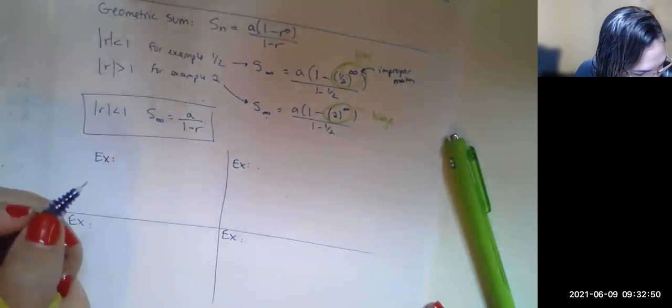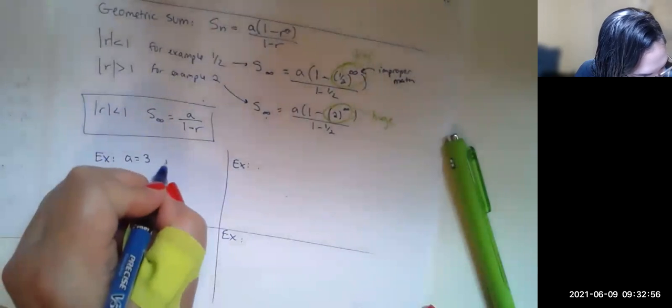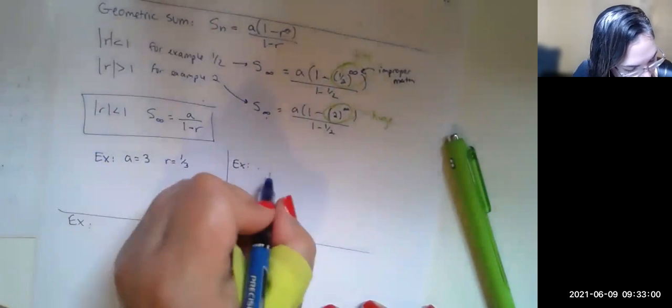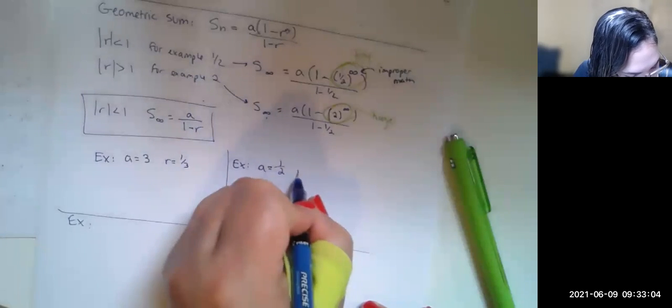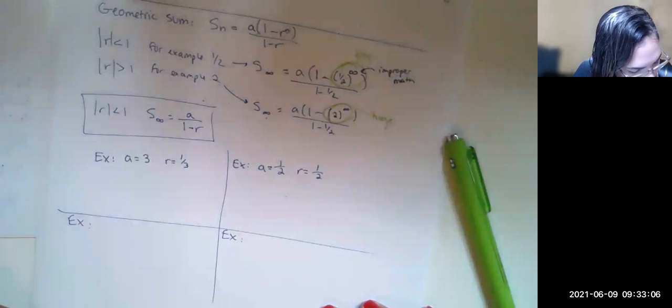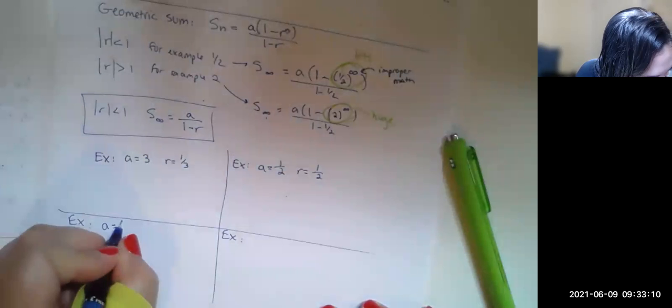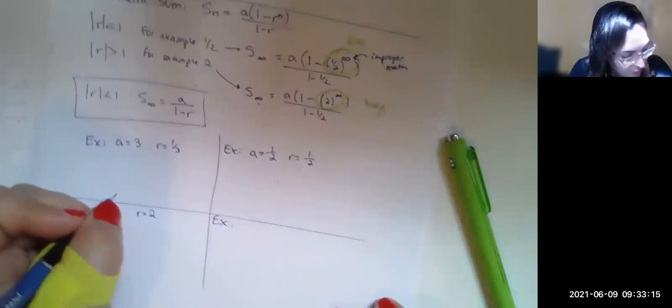Let's say we have A equals 3, R equals 1/3. Let's say we have A equals 1/2 and R equals 1/2. Let's say we have A equals 1/3 and R equals 2. And then let's do a word problem.